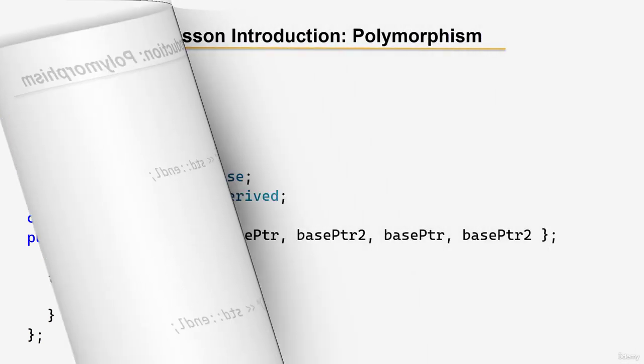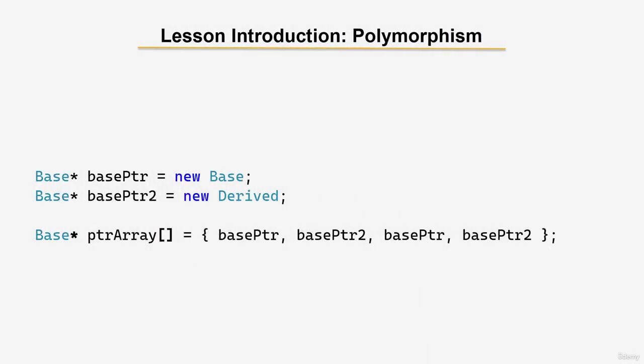You can also start to think in terms of containers. Remember that an array cannot store objects of different types. Right, you have an array of integers, an array of doubles, and so forth. But polymorphism allows us to store pointers to different types of objects, because you can have a pointer to a base class type, and then you can store pointers to derived types.